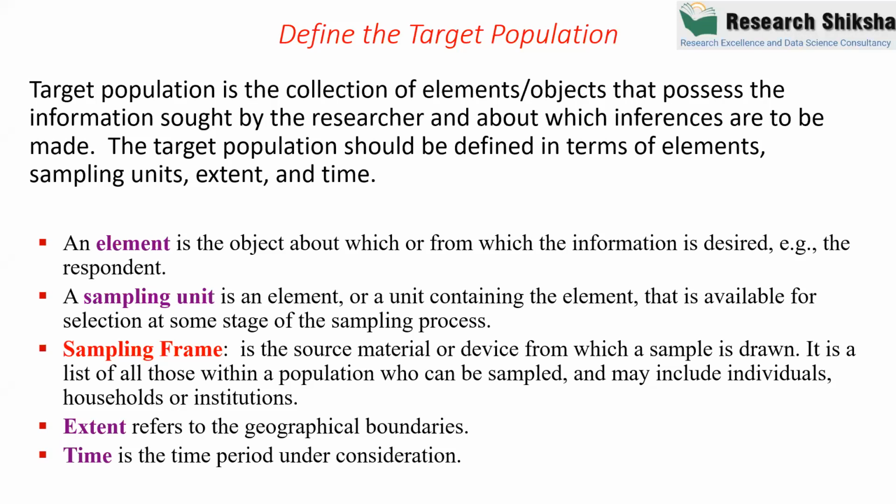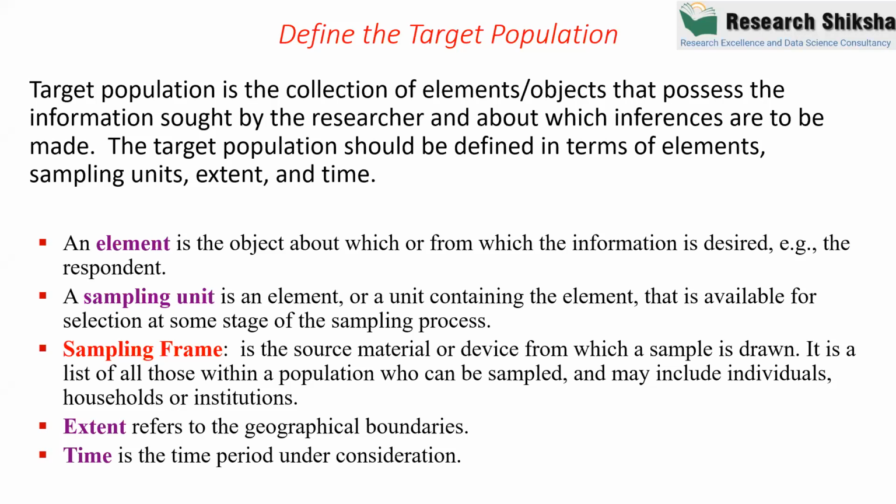Sampling frame is the source or the list or the information from where you can pick your sampling units. Otherwise, without any sampling frame, it is just impossible to find the sampling units. So I hope you understand what the sampling frame is: the list of the units which can be part of your sample.